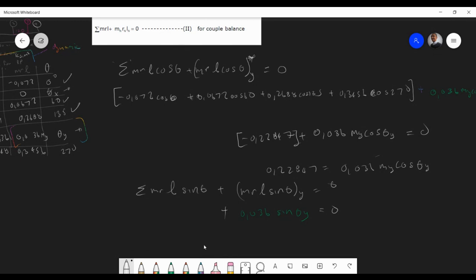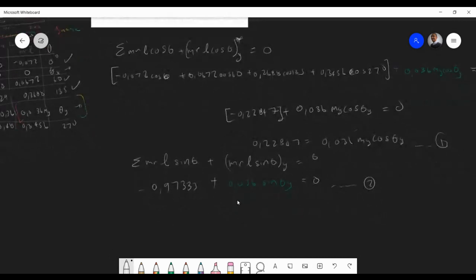Yes, I get negative 0.09733. Beautiful. Yep. Negative 0.9733. Then you have another equation, equation 1, equation 2.